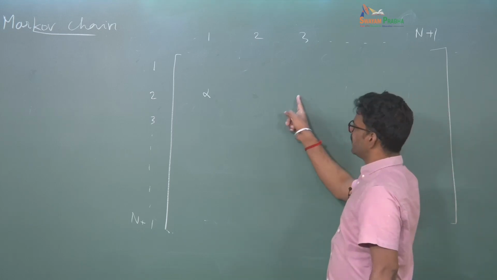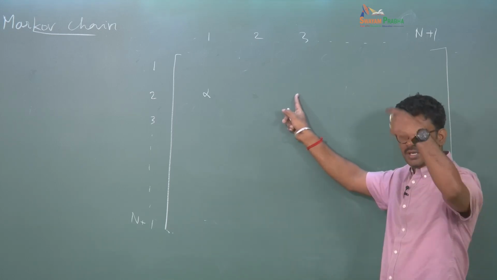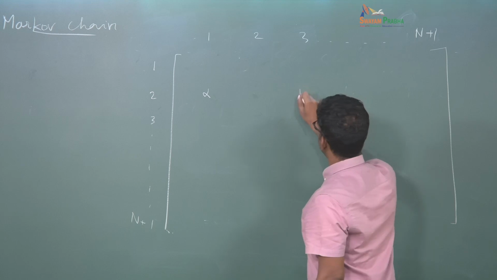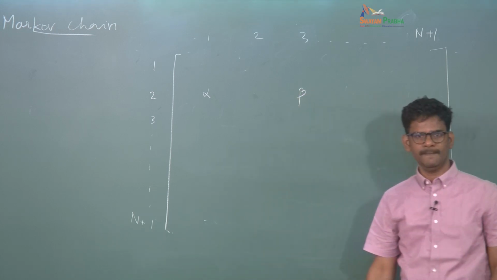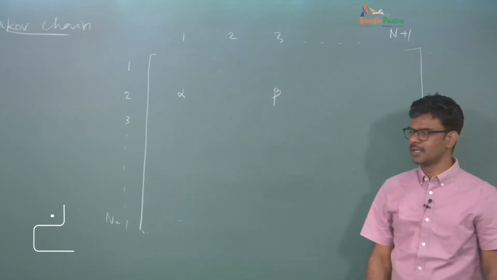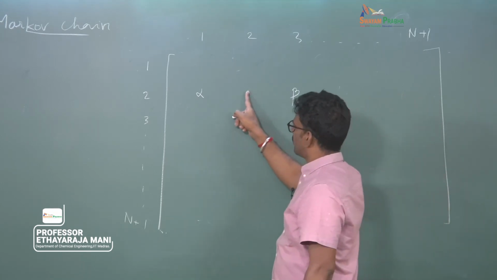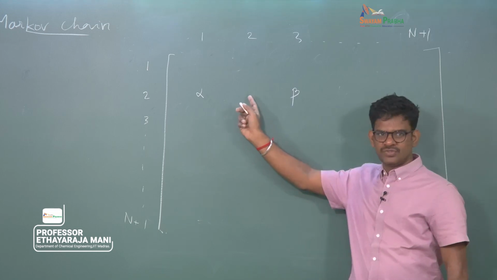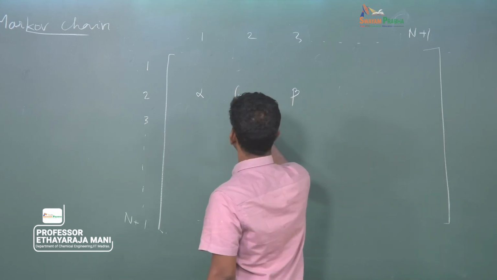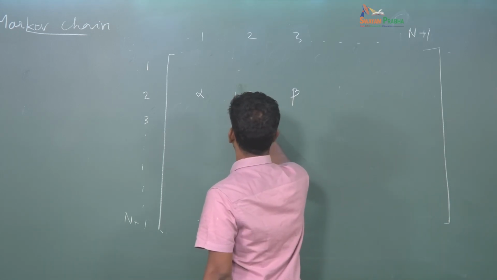The probability it can go from 2 to 3 is an upward jump, which I will call beta. Now I am writing everything in terms of probability per unit time. The probability that it will remain in the same state would be simply 1 minus alpha minus beta.